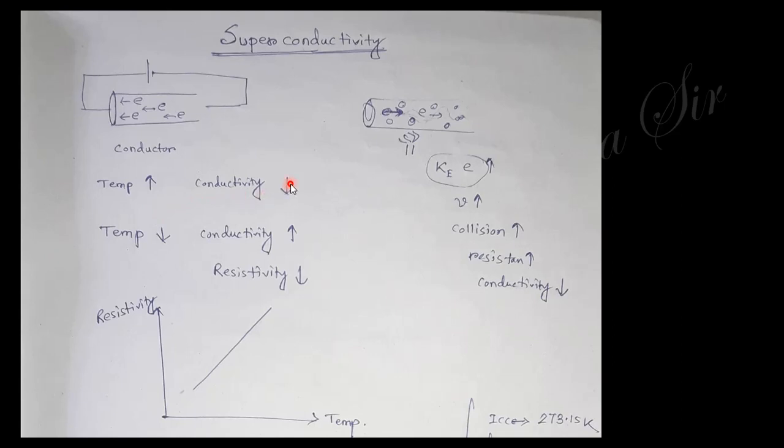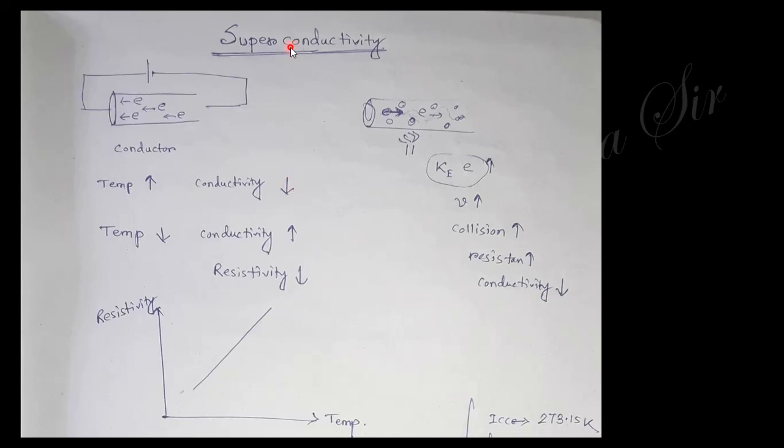In the semiconductor, with increasing temperature the electron hole pair generation will be increased, which is the cause of the increasing conductivity. But in case of metal, there is a huge number of free electrons, that's why the collision will be increased, and that collision makes the resistivity increase, that is the conductivity is reduced.